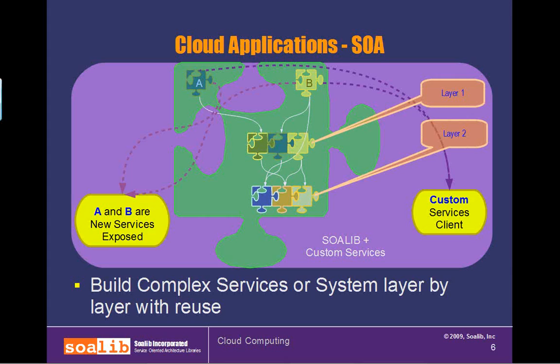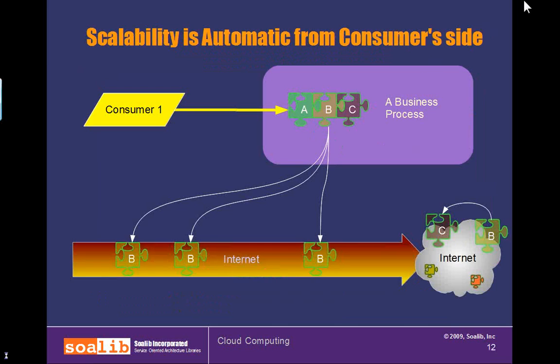And in addition, other applications that require our services can also consume our services. So there is a constant revenue stream which can be generated by using cloud applications. So there is clearly a business need for why cloud is so important.